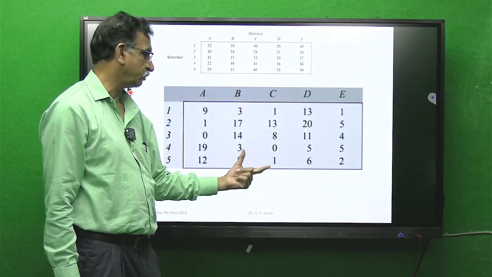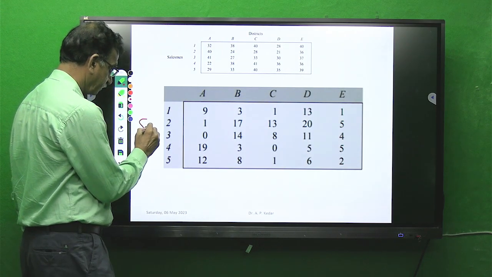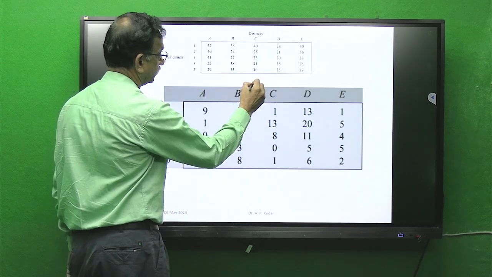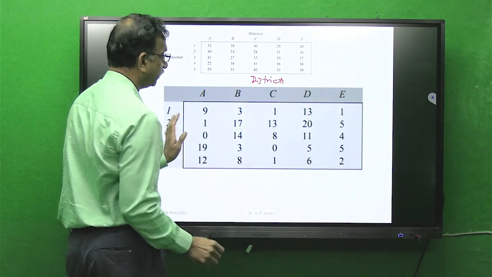Similarly, these are the changed values, and this is salesman versus districts, a 5 by 5 matrix.